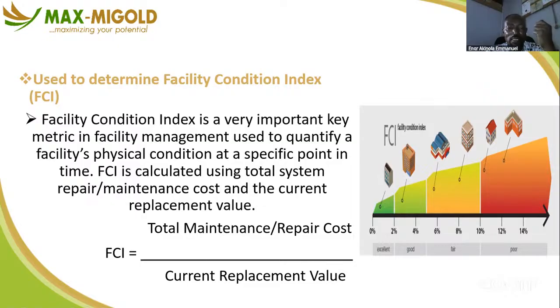Your FCI is calculated using the total system repair or maintenance cost and the current replacement value. So your FCI is your total maintenance or repair cost divided by the total current replacement value of that particular building or that particular asset. And let's see the example here.